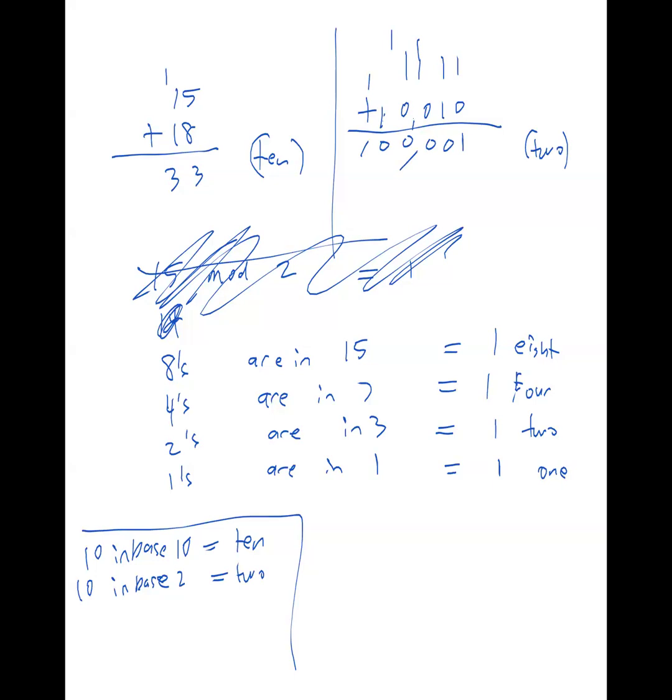Now, the question is, is that really the same as 33 or not? Who believes that 100001 is the same as 33? Okay, good job. And the reason is because remember this, in base 2, this represents the 1's place. This represents the 2's place, the terrible 2's. This represents the fantastic 4's. And what's double of 4? 8. That's the 8's place.